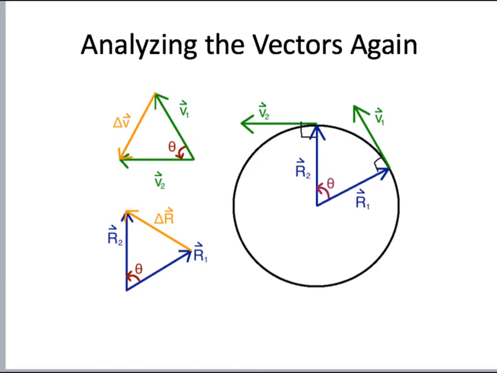And so what we can tell is that these have to be similar triangles because they have a side-angle-side congruency. Basically, if you have two isosceles triangles with the same apex angle, they're going to be similar triangles. And so we can use the relationships of similar triangles to talk about what these magnitudes are.